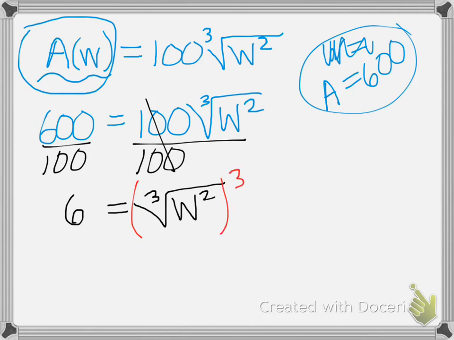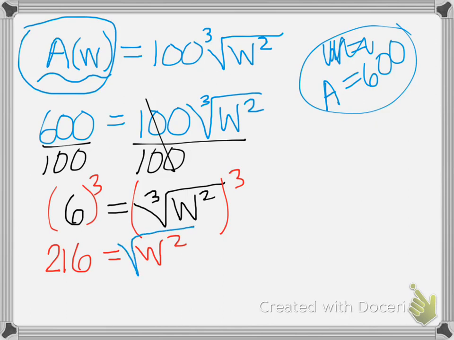Once you isolate the variable, you're able to cube everything to get rid of the radical. So I have W squared equals 6 times 6 times 6, which is 216. Now think about this: the radical and the square are opposites. So if I want to get rid of this squared, I can just take the square root of both sides.